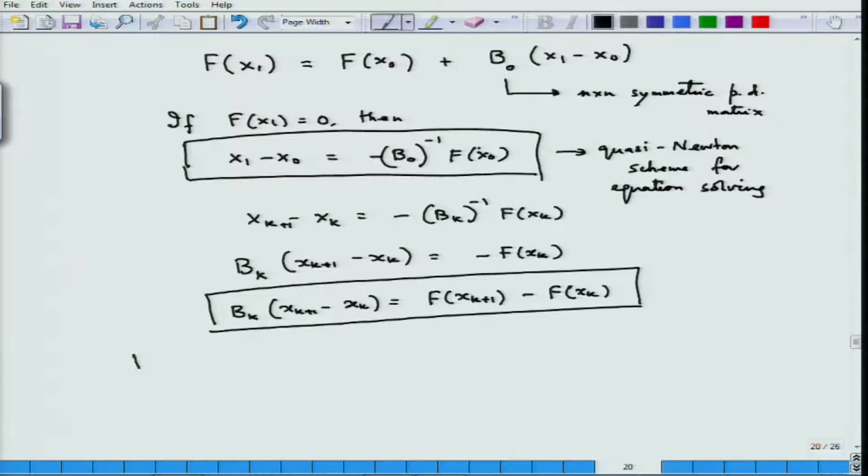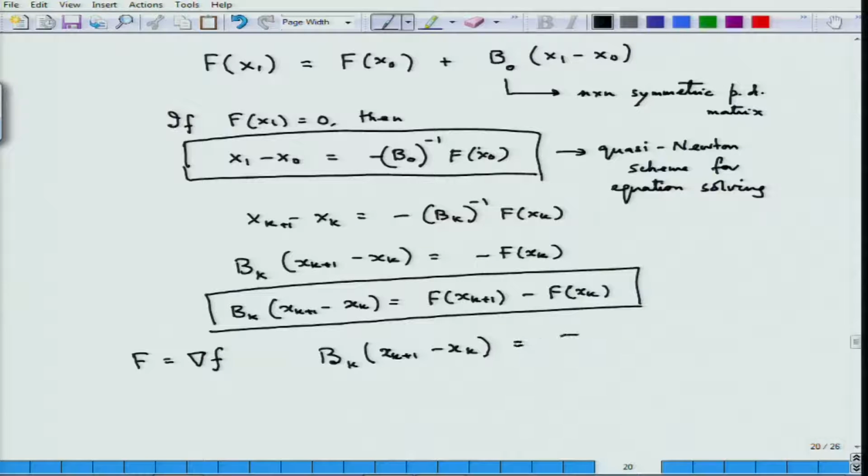So, now if I put capital F as grad f, and take some other matrix B which I do not bother about, it could be a positive definite matrix, and then you can put a Bk, you could get this iteration scheme, which is the quasi-Newton scheme.